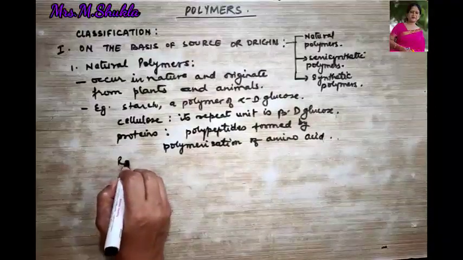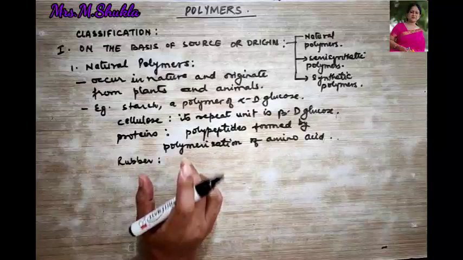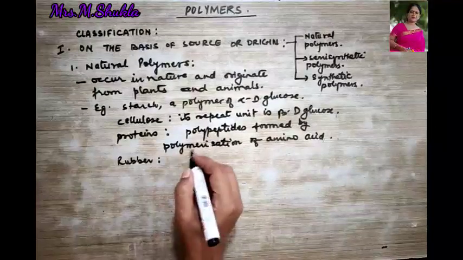Then rubber, which is also a natural polymer, is a polymer of isoprene.